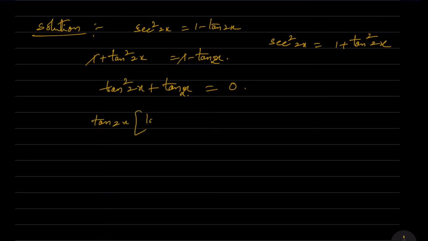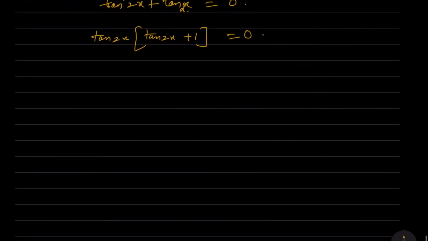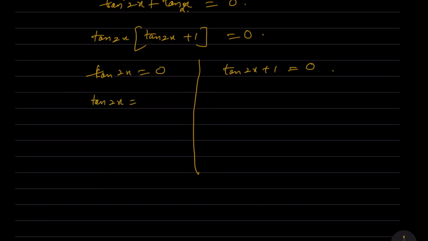So you're going to get tan 2x into (tan 2x plus 1) is equal to 0, so either tan 2x is equal to 0 or tan 2x plus 1 is equal to 0. Now, tan 2x is equal to 0. We don't have a general formula where we have this equal to 0, so we can write this as tan 0, and tan 0 is equal to 0.